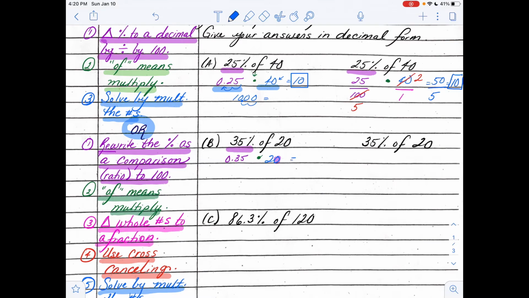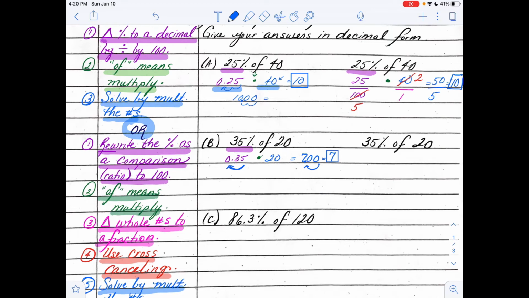Well, 35 and 35 is 70. Now let me put that 0 I covered up back. There are 2 places to the decimal when I multiply it, so I have to move the decimal at the end over 2 places. And when I do that, 7.00 is just 7.